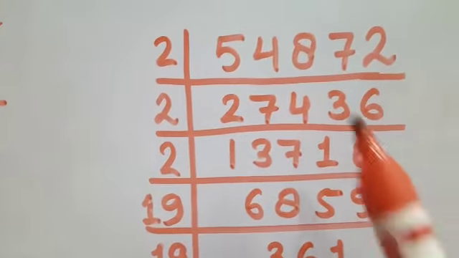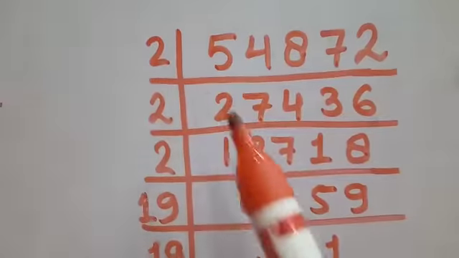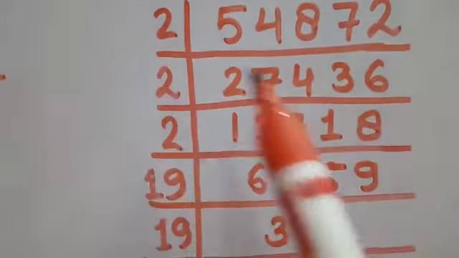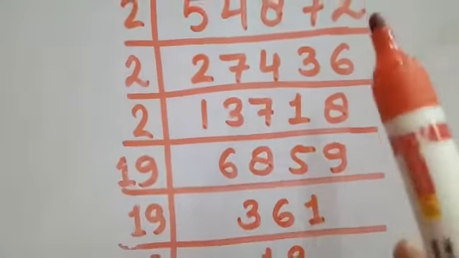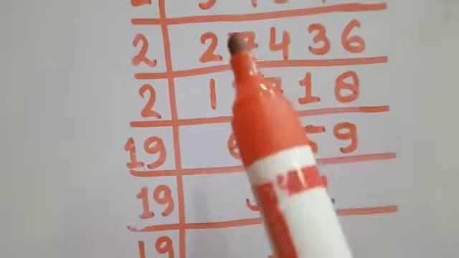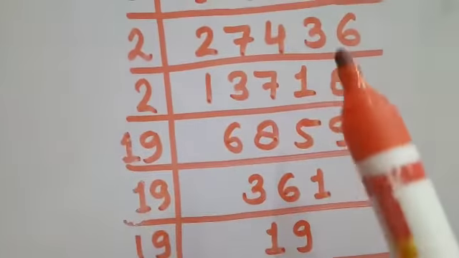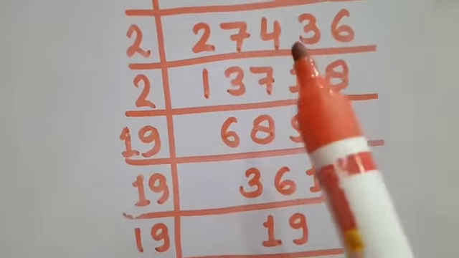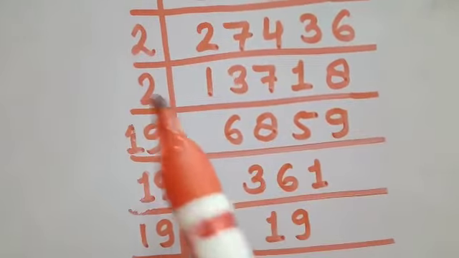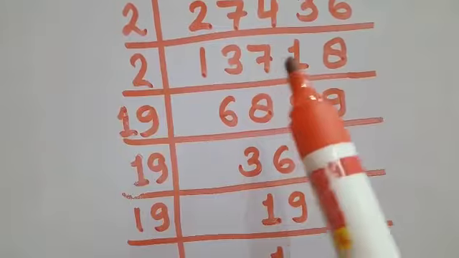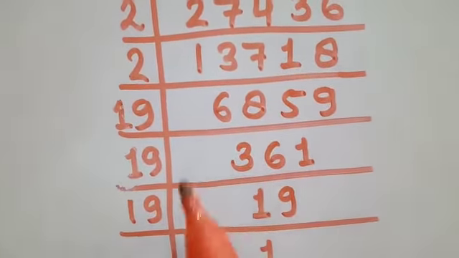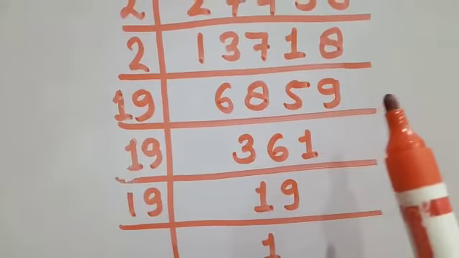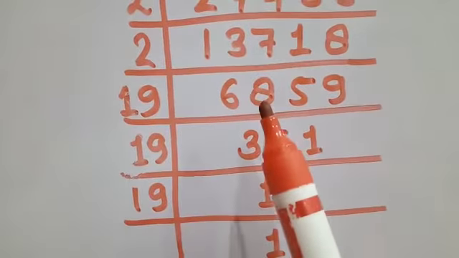Prime factors of 54,872: 2 2s are 4, 1 4 14, 2 7s are 14, 2 4s are 8, 2 3s are 6, 1 2 12, 2 6s are 12, 2 1s are 2, 2 3s are 6, 1 4 14, 2 7s are 14, 2 1s are 2, 1 6 16, 2 8s are 16, 2 6s are 12, 1 7 17, 2 8s are 16, 1 1 11, 2 5s are 10, 1 8 18, 2 9s are 18. It can be divisible by 19. 19 3s are 57.